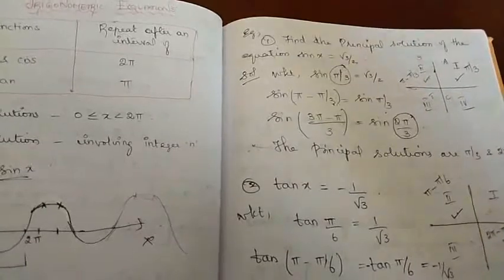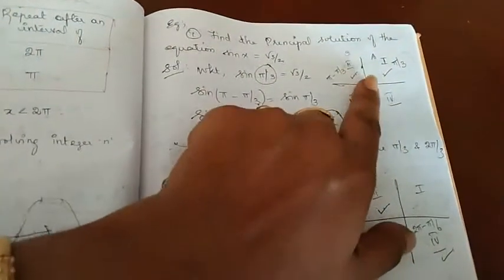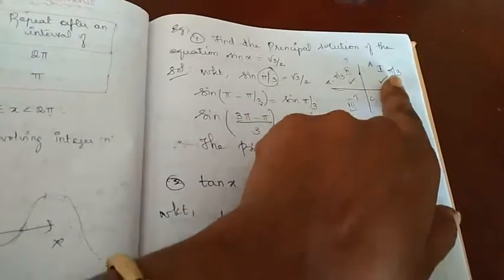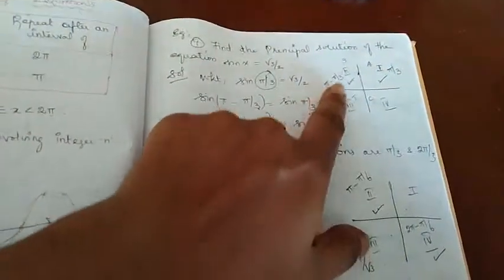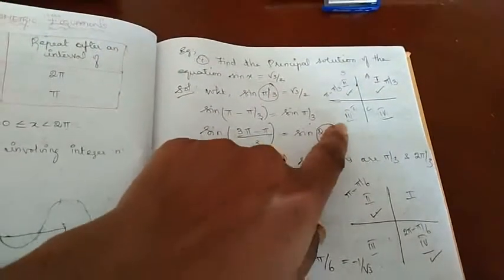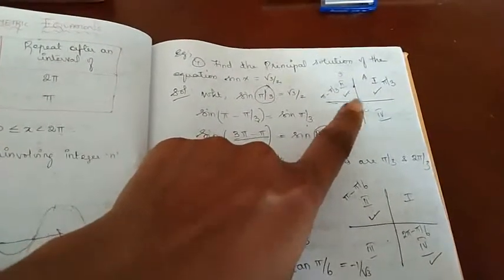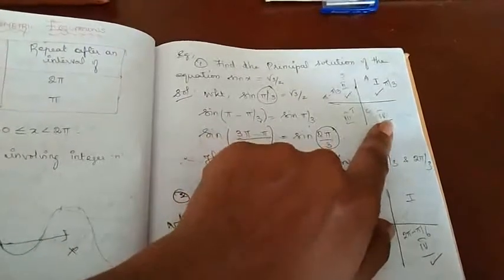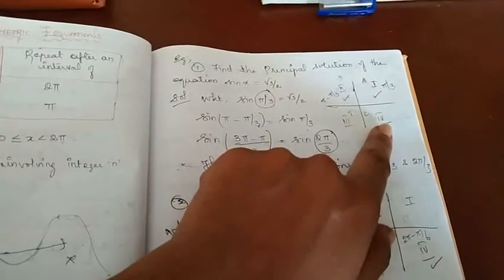Right? So to express the principal solution, when it lies in the first quadrant, we will give the angle as such. When it lies in the second quadrant, we will write it as pi minus theta. When it lies in the third quadrant, we will give pi plus theta. And when it lies in the fourth quadrant, we will give 2 pi minus theta. Right?